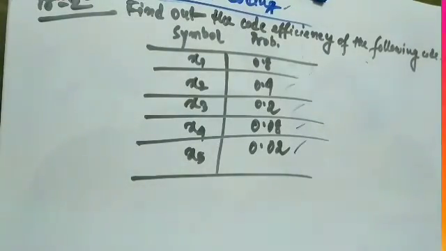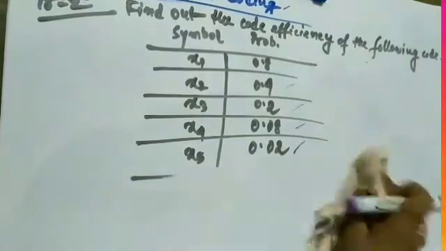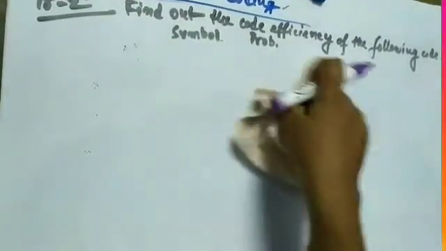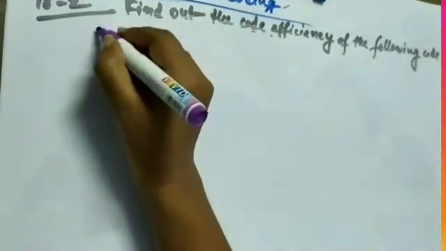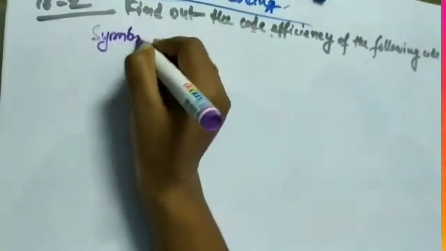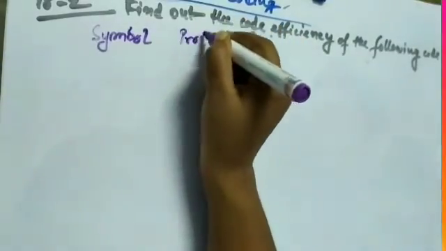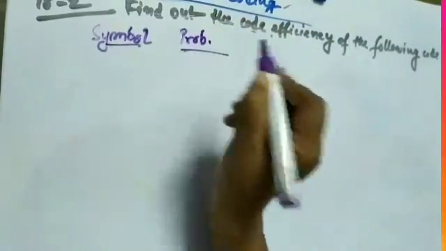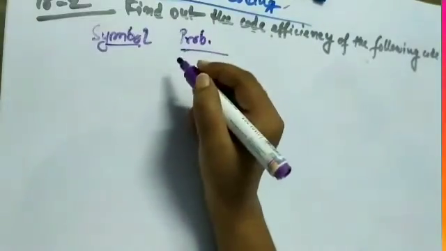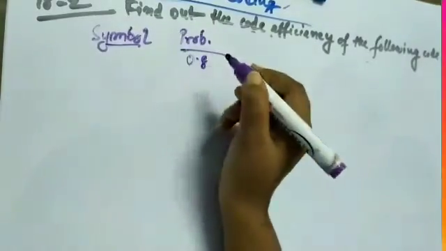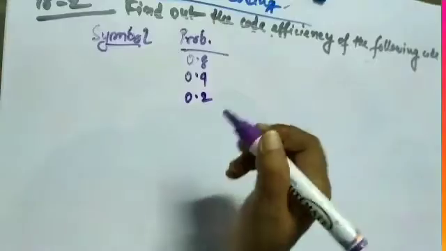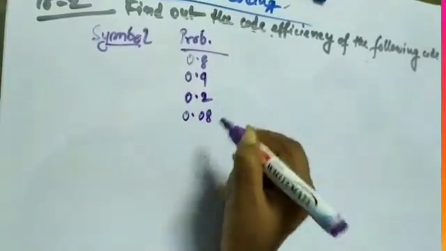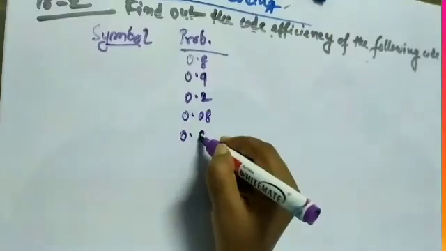So similar to our previous process, for calculating the code word, the first step will be to arrange the symbols with their probabilities in descending order. So first one will be 0.8, then 0.4, then 0.2, then 0.08 and lastly 0.02.